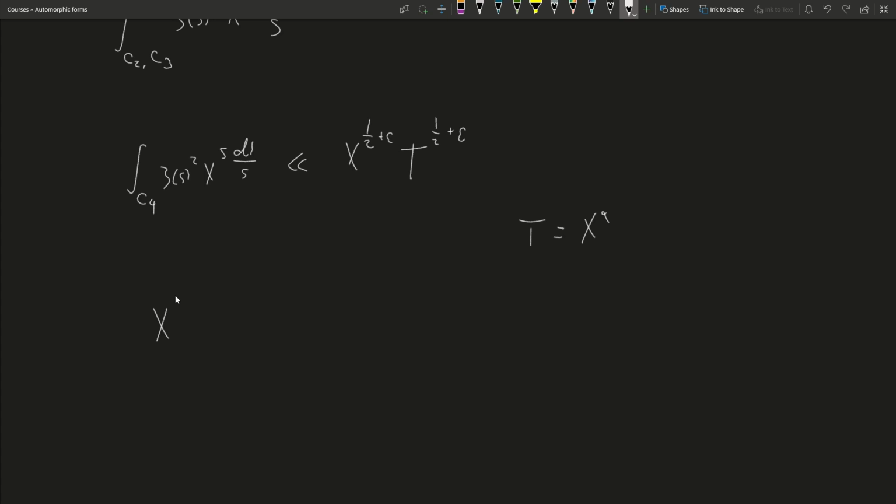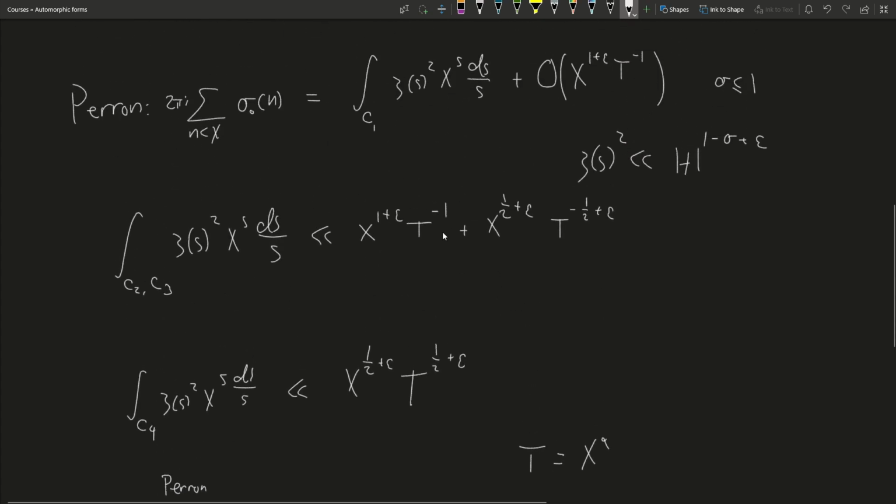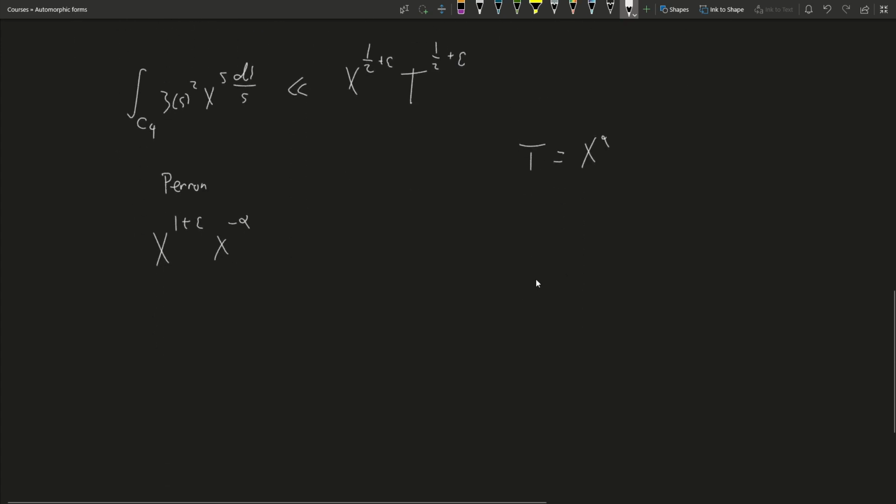The error term that we're going to have is x to the 1 plus epsilon times x to the minus alpha coming from Perron. We see that the bounds along the horizontal segments, this one is the same as the error term in Perron's formula, and this one is just going to be less than what we got along C4, so we can ignore this contribution. And here we're going to have an x to the 1/2 plus epsilon, x to the alpha over 2, and then we don't need to really have a plus epsilon here.